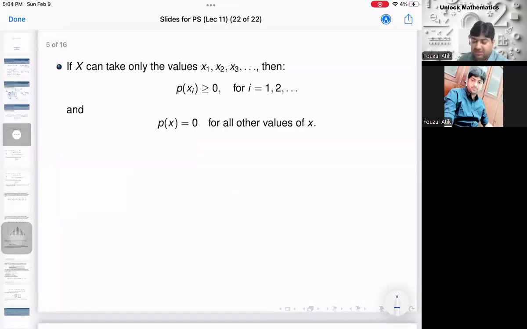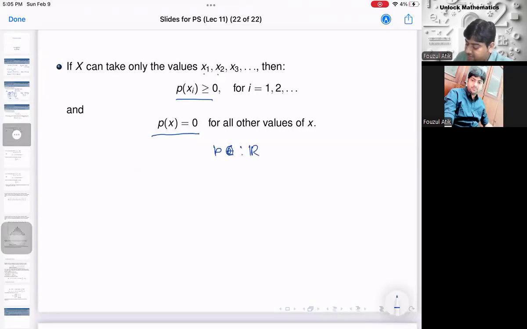Next, another property of the probability mass function. If x can take only the values x1, x2, x3, that means if the random variable takes only these values, then only P of xi can be some positive quantity or 0. It can be 0 also, but only in this place it can give a positive value. Other than that, P is 0 for all other cases, because our P function has the domain of the real number set.